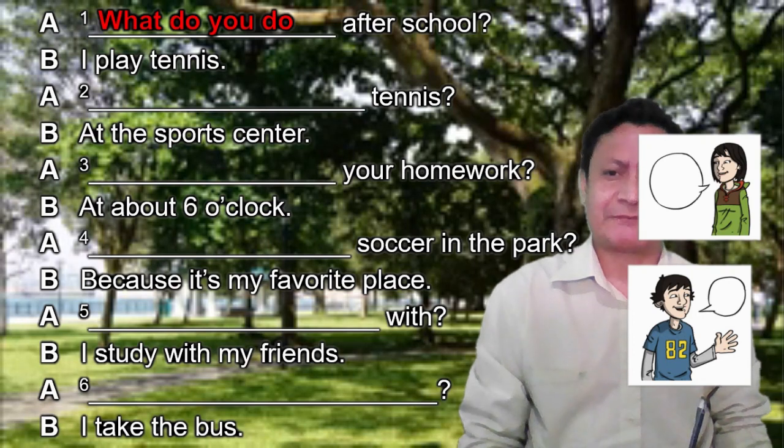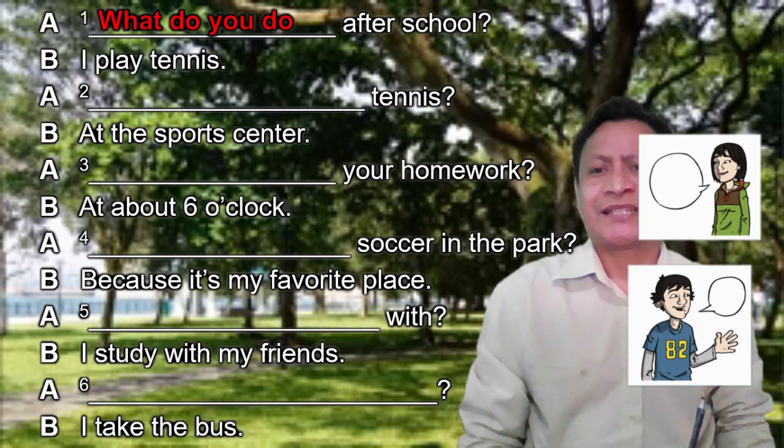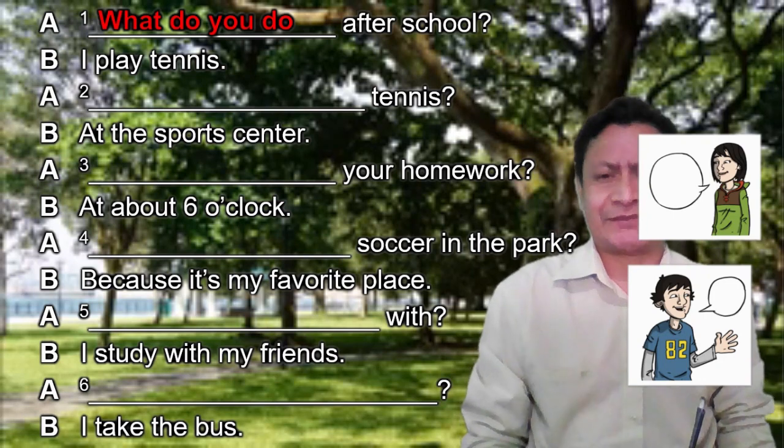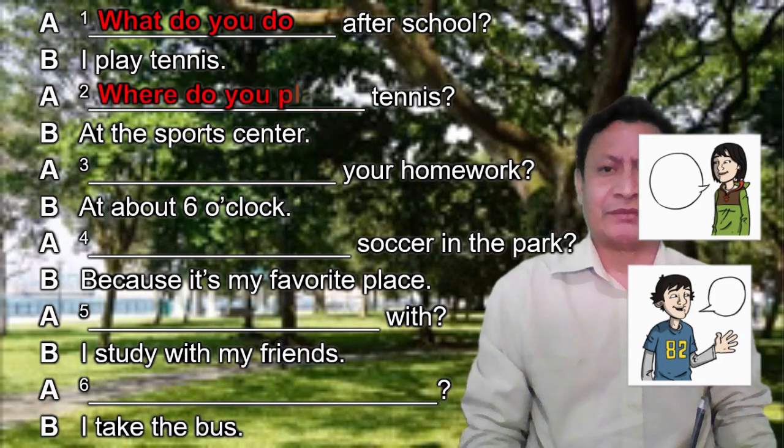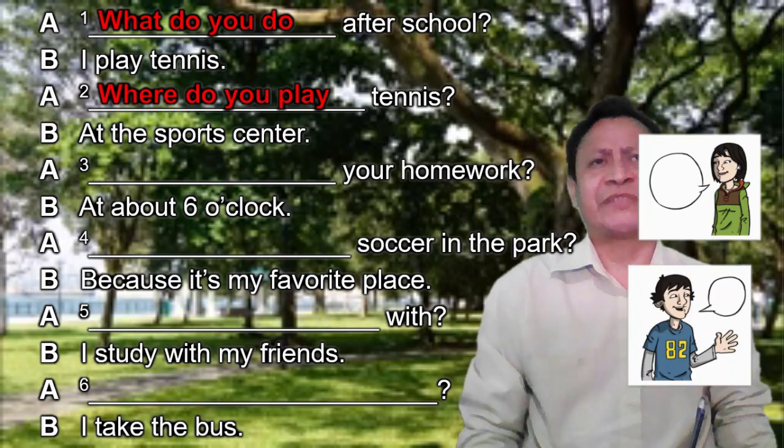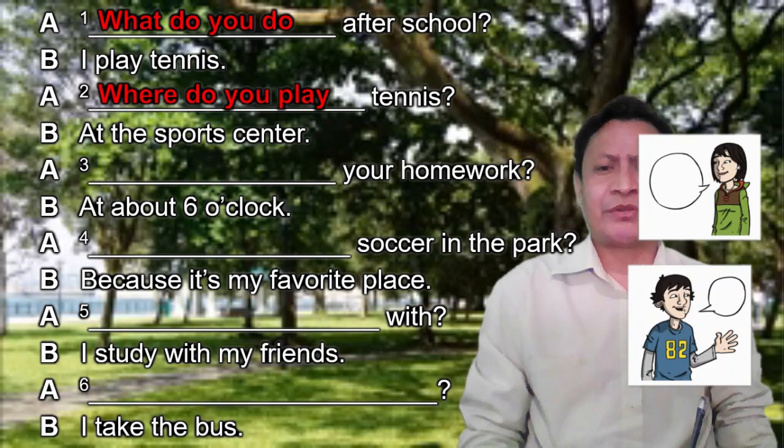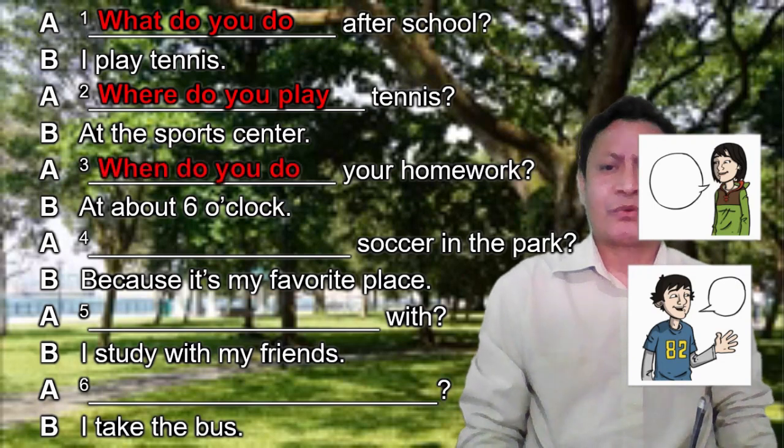I play tennis. Number 2, at the sports center. This is a place, right? So we have to use where. Where do you play tennis? Very good, okay. Number 3, at about 6 o'clock. It's asking about time. What do we use? When. When do you do your homework? At about 6 o'clock. Very good, okay.